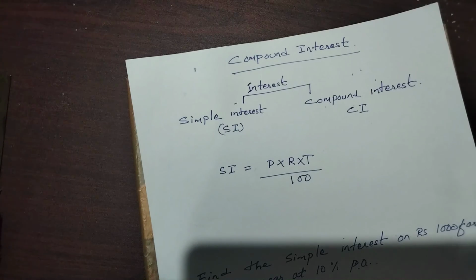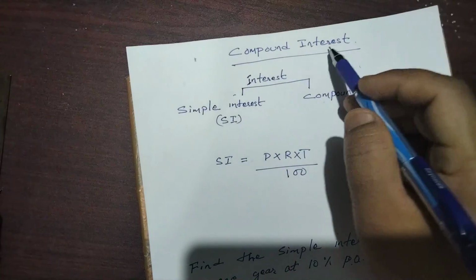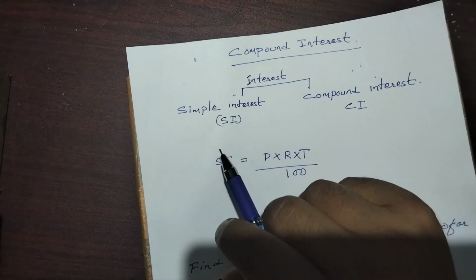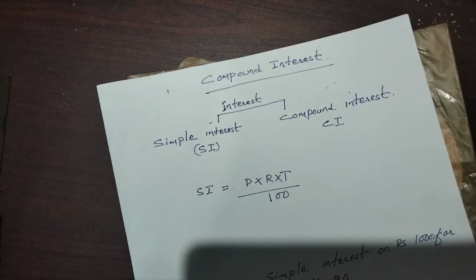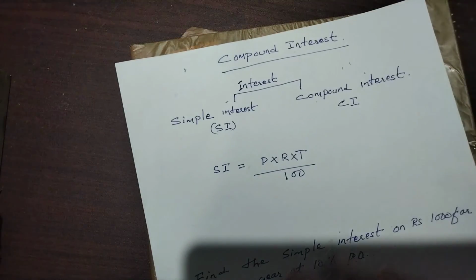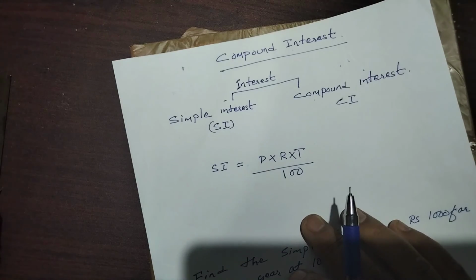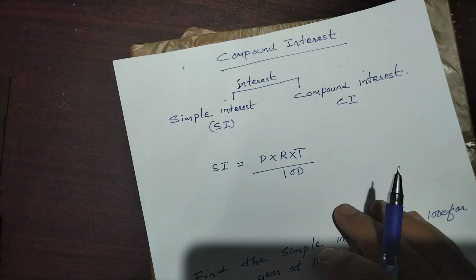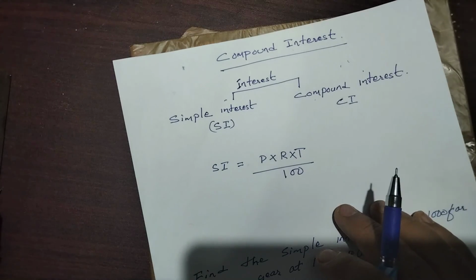Okay, so basically we are going to discuss interest. When we borrow money from a bank or from any other person, we have to pay back that money. Suppose I borrow 5 lakhs from my friend, I have to return it after a specified period of time.